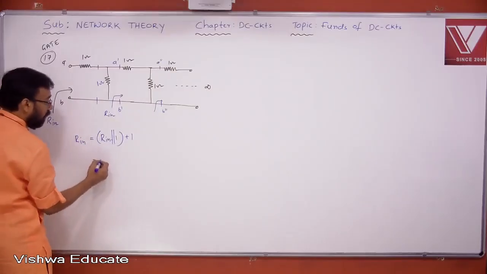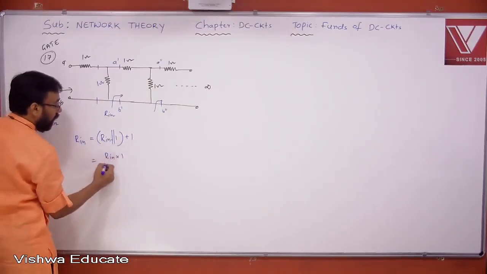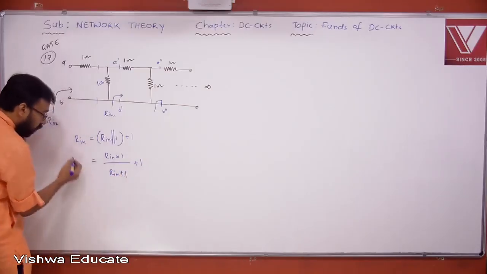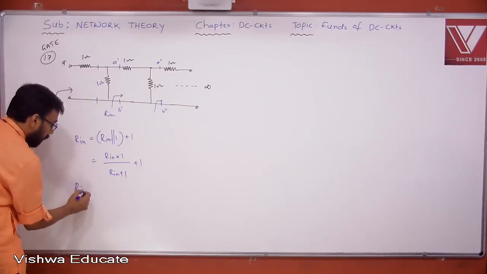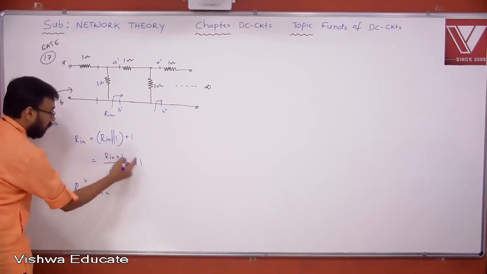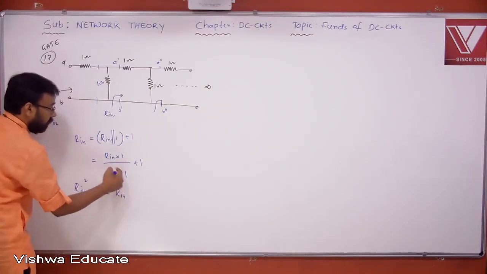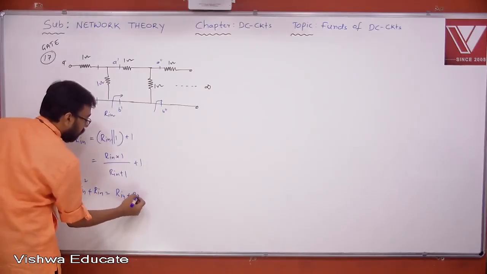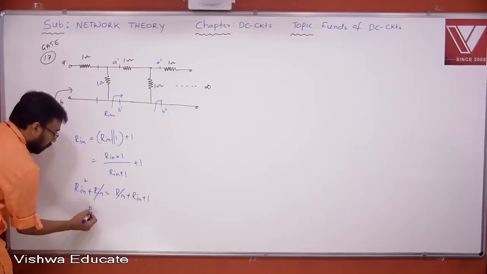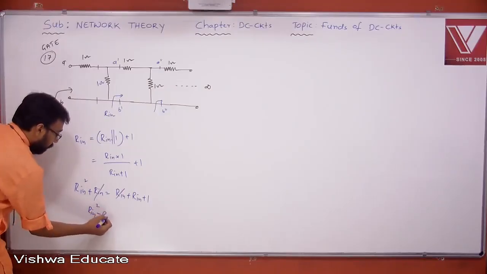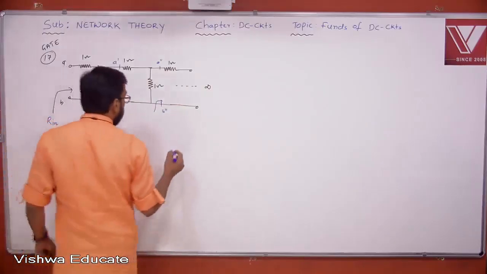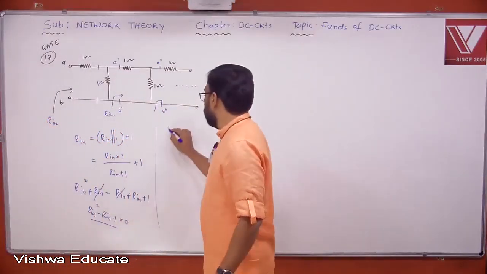That must be equal to what? Rin. Now look at this. Rin into 1 by Rin plus 1, plus 1. When you cross multiply here, Rin square plus Rin is equal to Rin plus Rin plus 1. Now you got Rin square minus Rin minus 1 is equal to 0. You got a quadratic expression. Now you get 2 values for it.